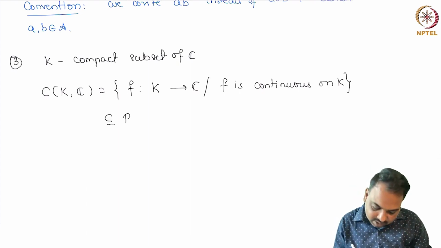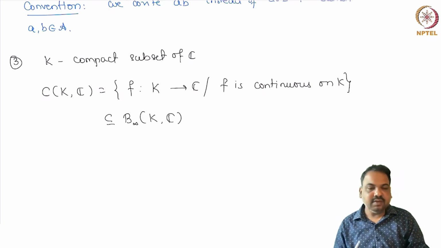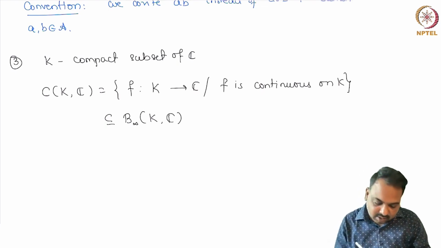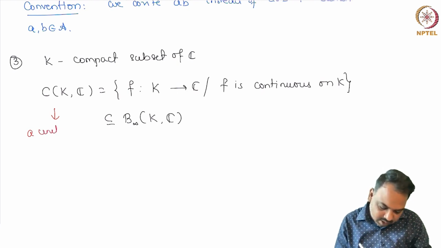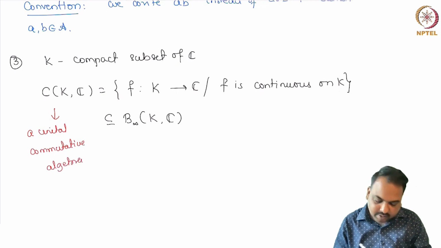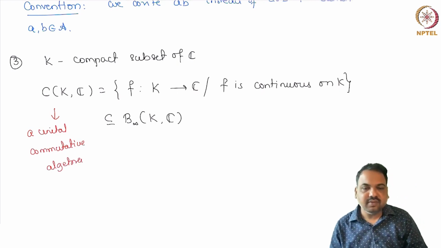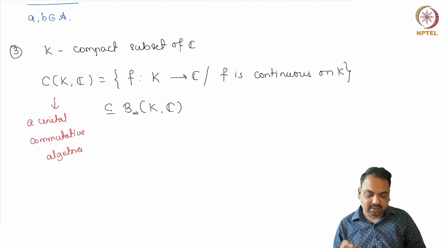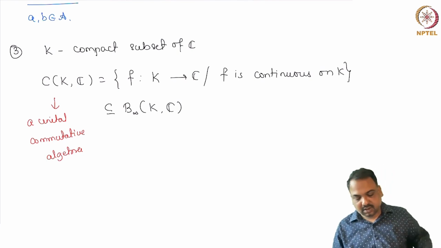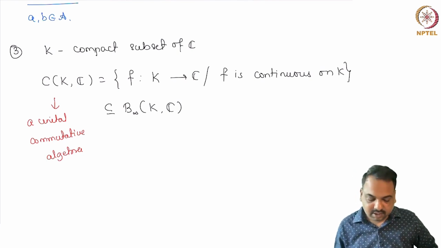So we can say that this is a subset of B infinity of K, C. With respect to all the operations that we have defined earlier, we can show that this is also an algebra, not only an algebra, a unital commutative algebra. So we can also say that it is a subalgebra of B infinity. Subalgebra means it's a subset, and with respect to the same operations of B infinity, it is in its own right also an algebra. That's why it is called a subalgebra.